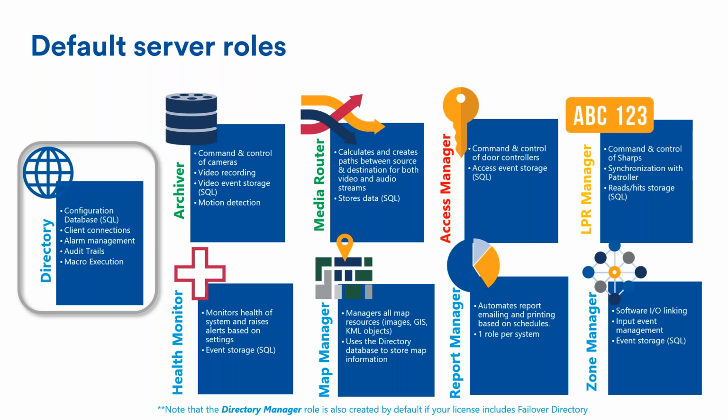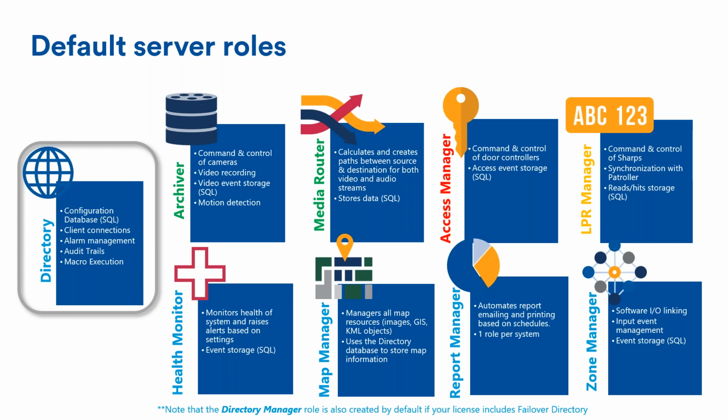Basically the roles are primarily managing various hardware. So this list of 9 roles are what we call the default server roles. And these roles spin up automatically based on the licensing.